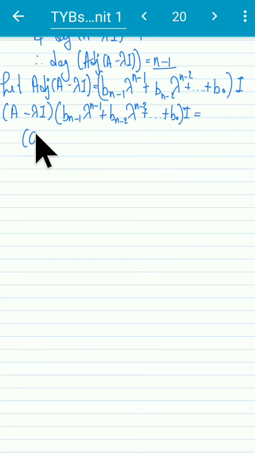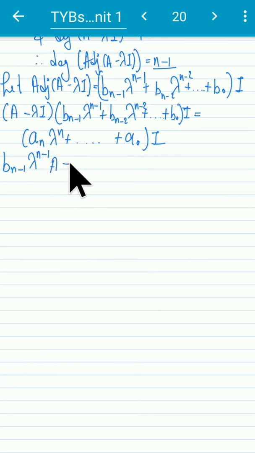We have considered it to be a n lambda raised to n plus dot dot dot plus a naught, and everything times I. So I will just expand this, meaning I will open the bracket, nothing else. My first term is b n minus 1 lambda raised to n minus 1 times A, plus b n minus 2 lambda raised to n minus 2 times A, plus dot dot dot, plus b1 lambda times A, plus b naught A.